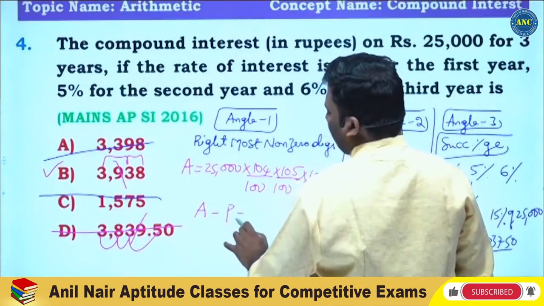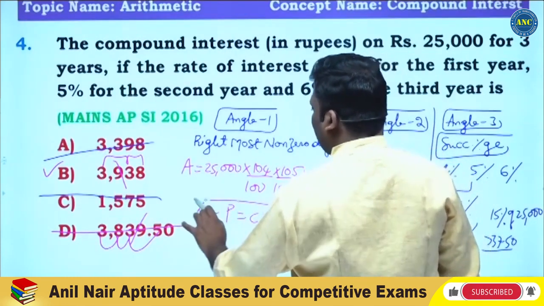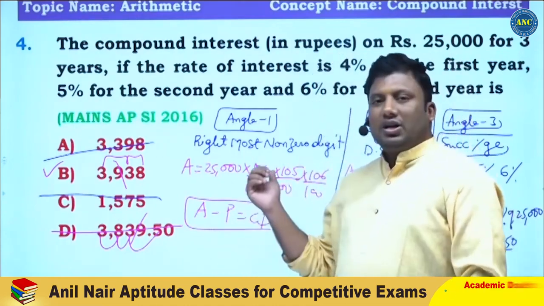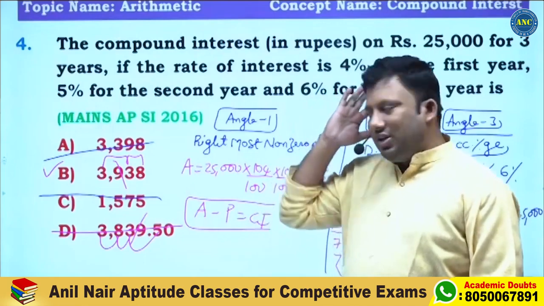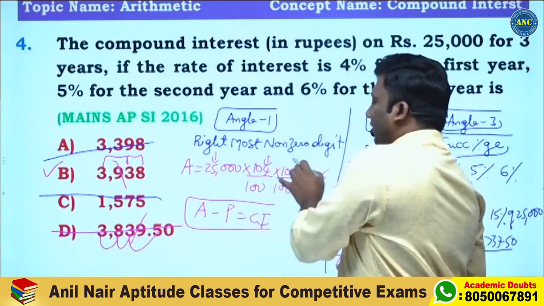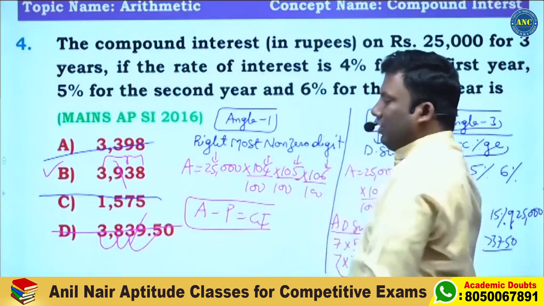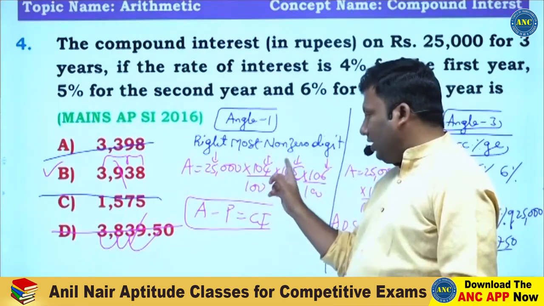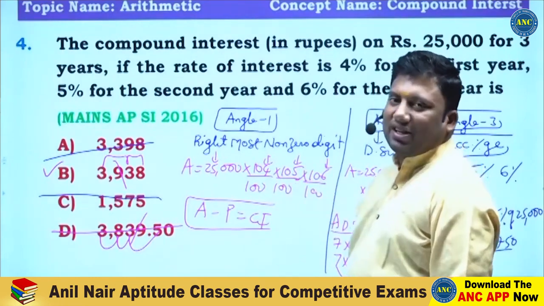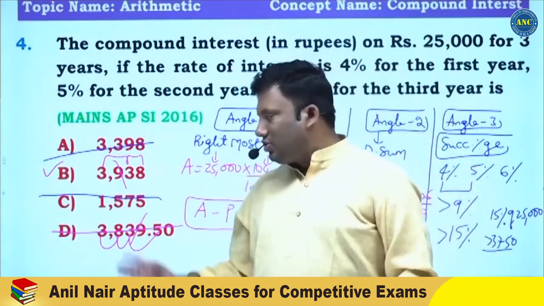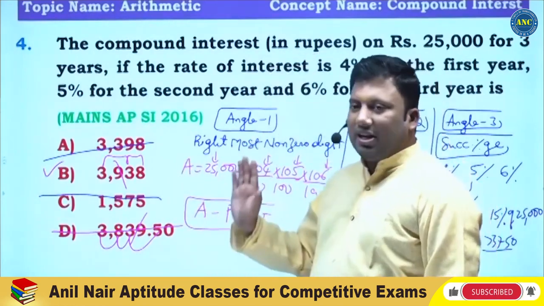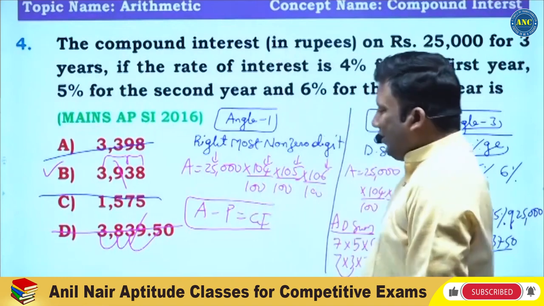Amount minus principal is equivalent to compound interest. Apply that and you will get the unit digit 8. How to do it? Rightmost non-zero digit is 5. 5 into 4 into 5 into 6: 5 4s are 20, 20 5s are 100, 100 6s are 600. Calculate the rightmost non-zero digit for the amount, subtract it from the principal, and you will get the compound interest unit digit.